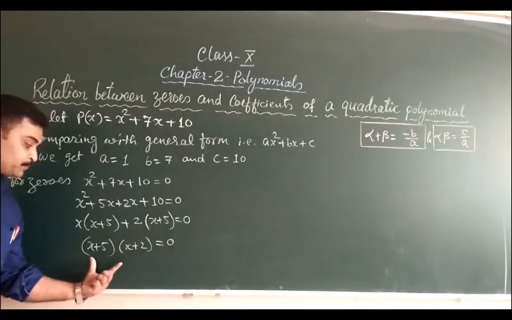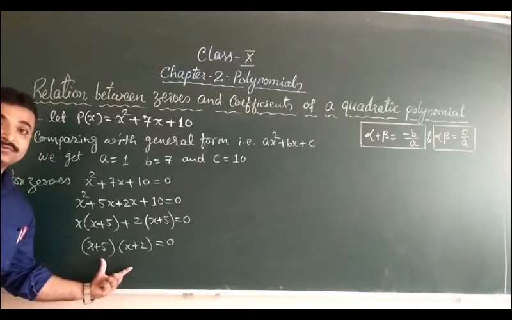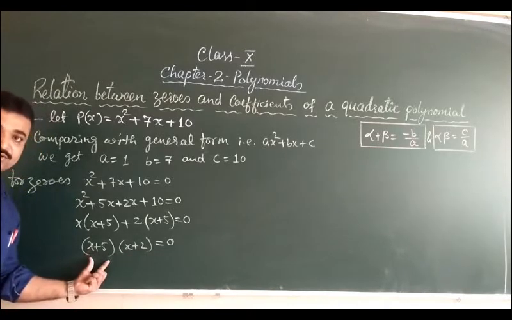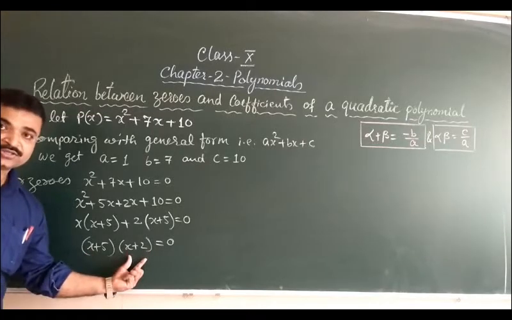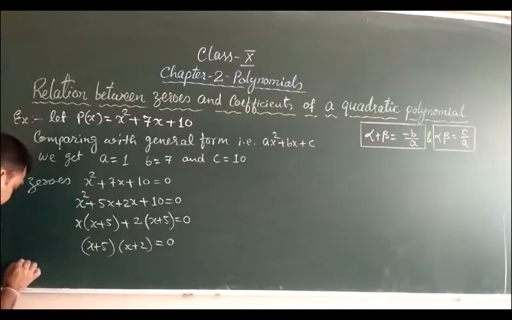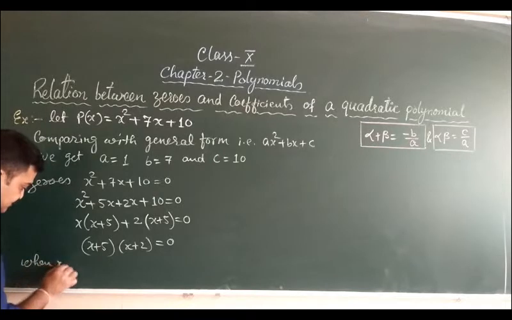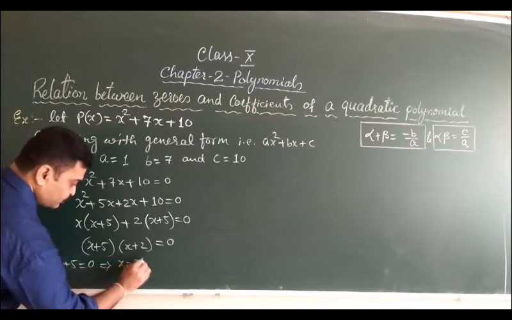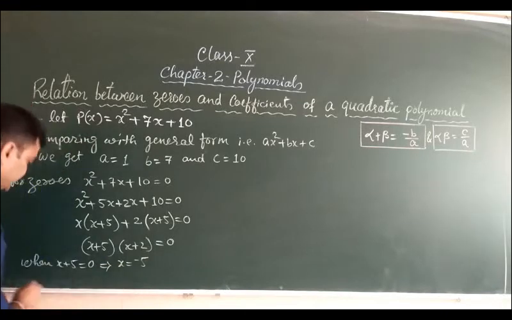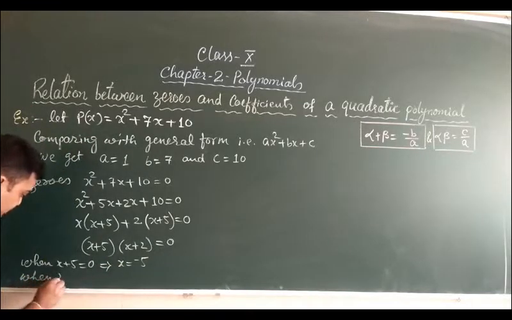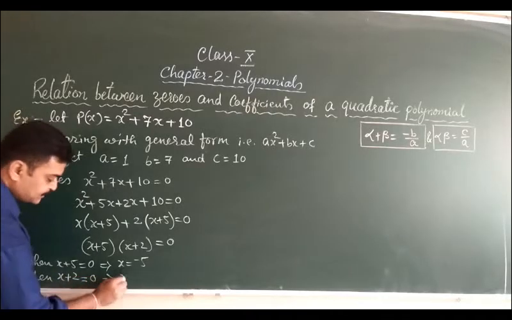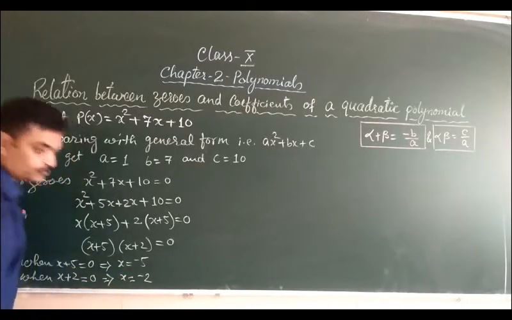That means the product of two numbers is equal to 0, so either this is equal to 0 or this is equal to 0. When x plus 5 is equal to 0, this implies x is equal to minus 5. And when x plus 2 is equal to 0, this implies x is equal to minus 2.